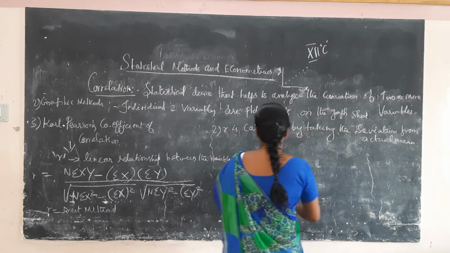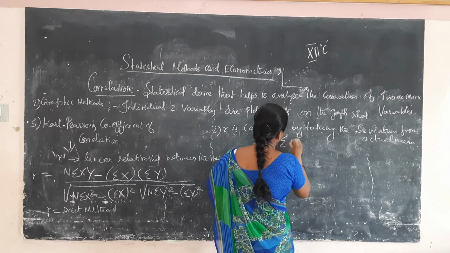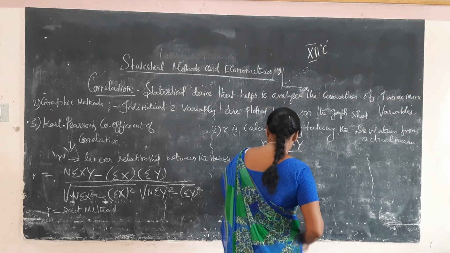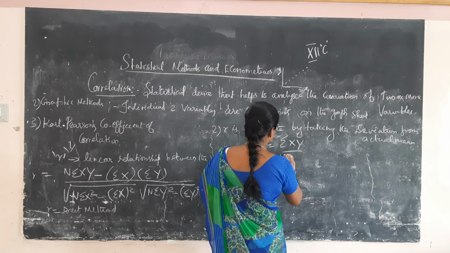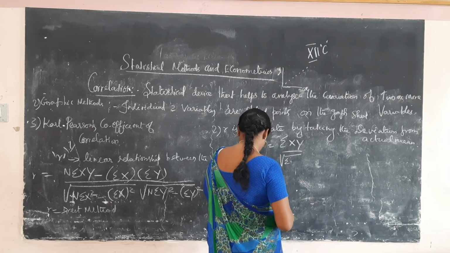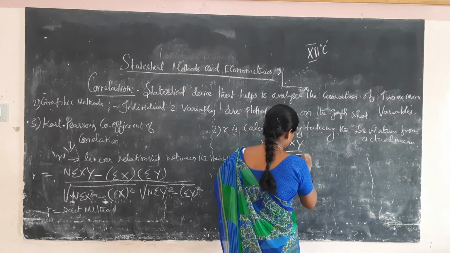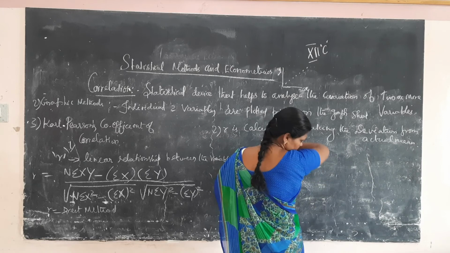Then R is equal to sigma xy divided by root of sigma x square into sigma y square.